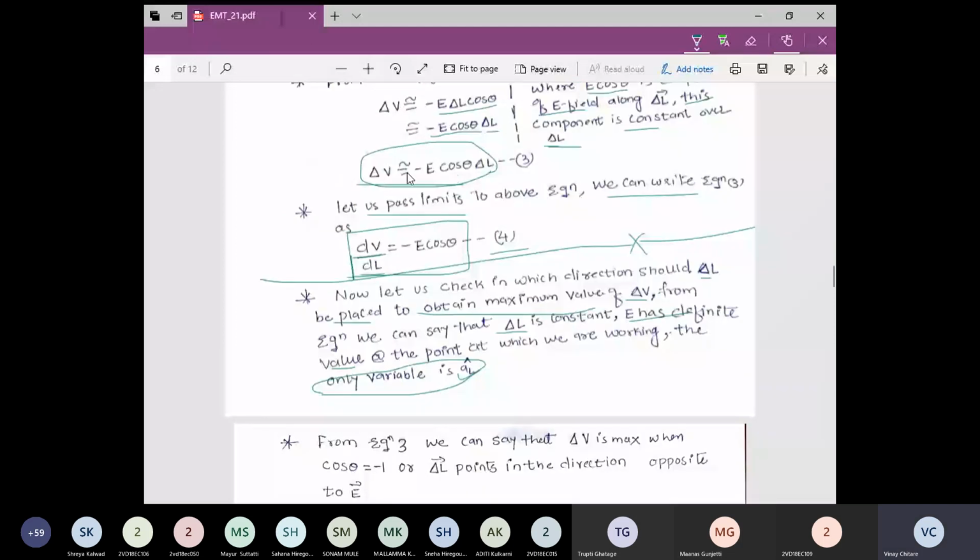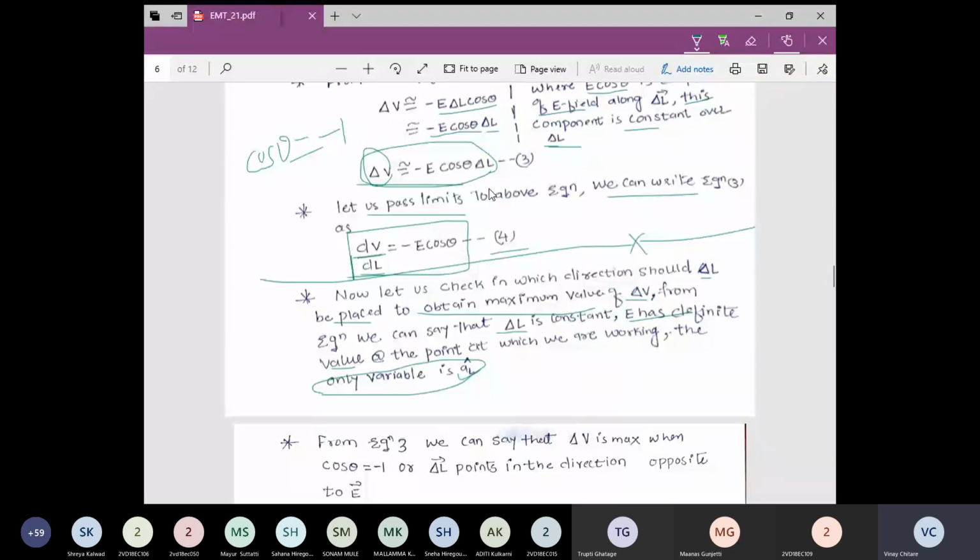From equation 3, it is really clear that when cos theta is equal to -1, the potential difference will be maximum.